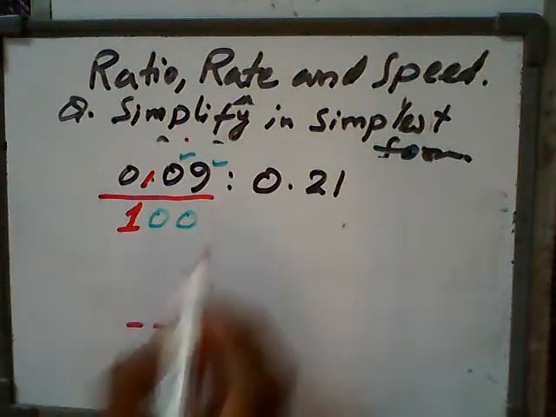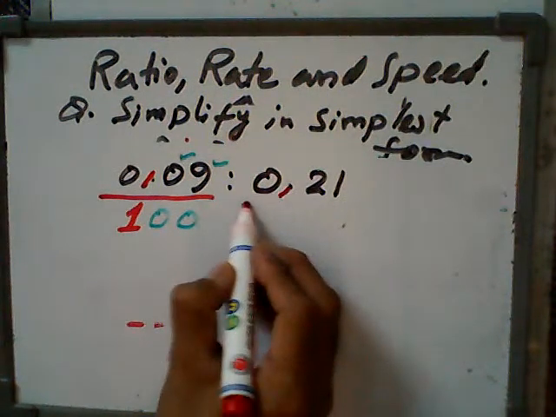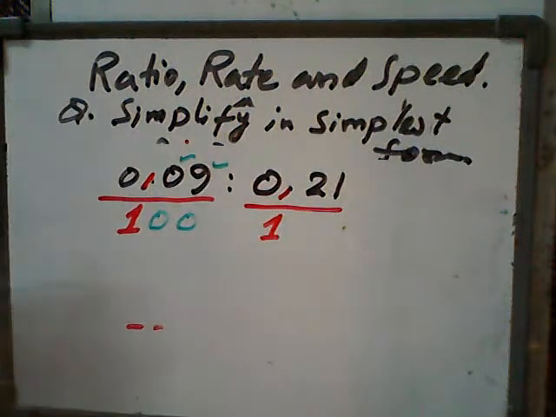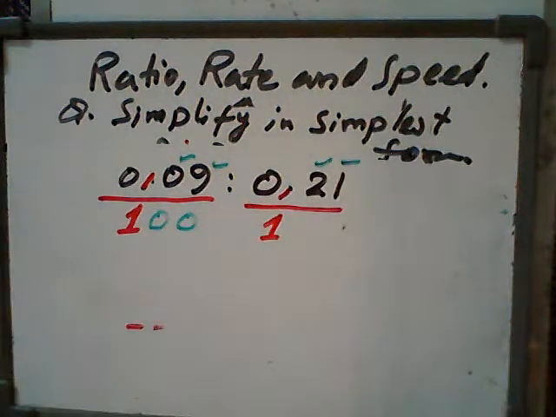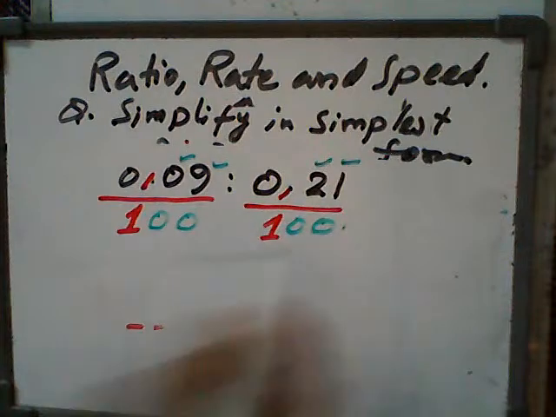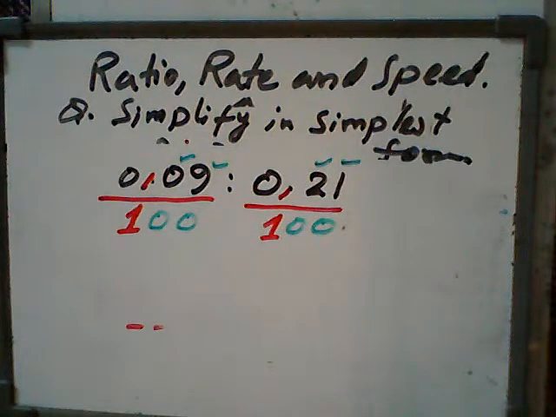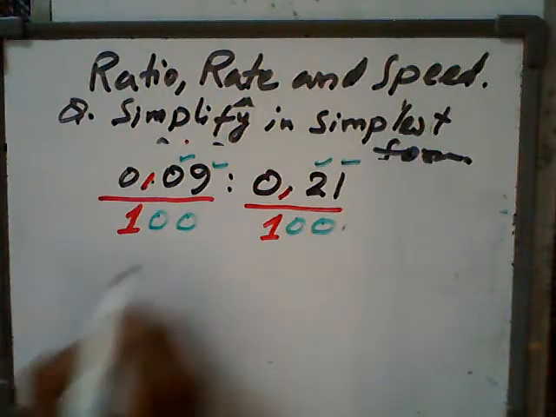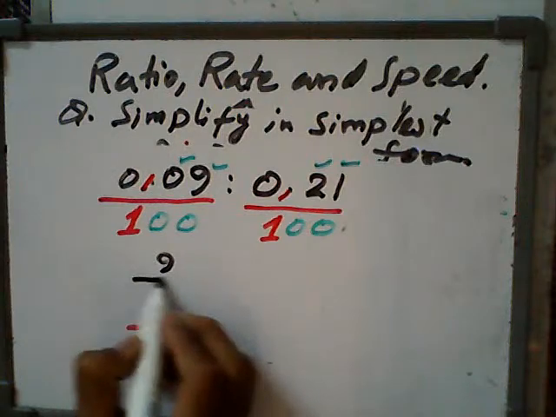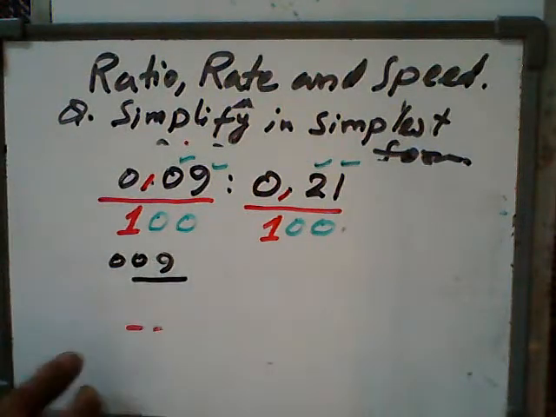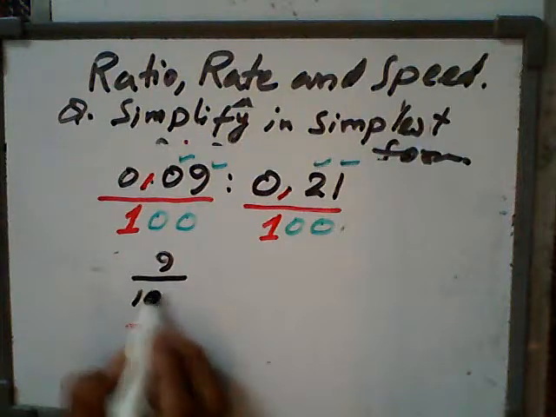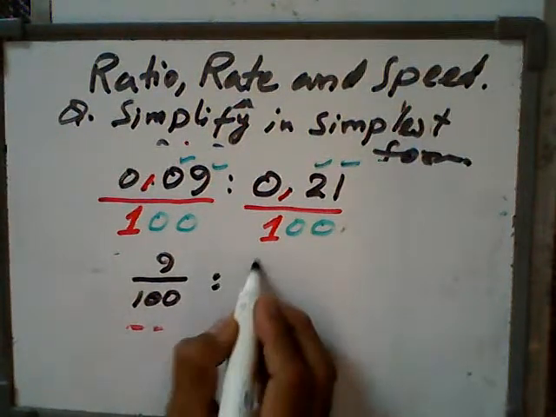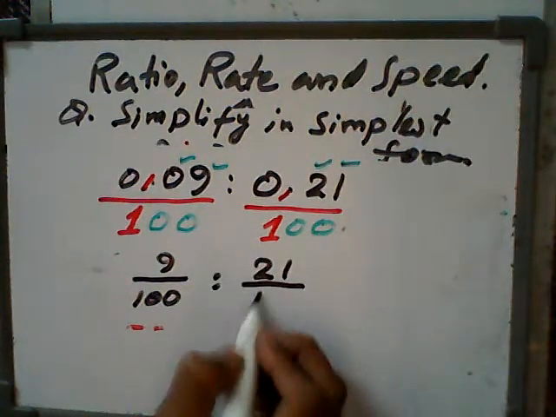So now it becomes 9 by 100, because 009 means 9, so there's no need to put zeros, by 100, and 21 by 100.